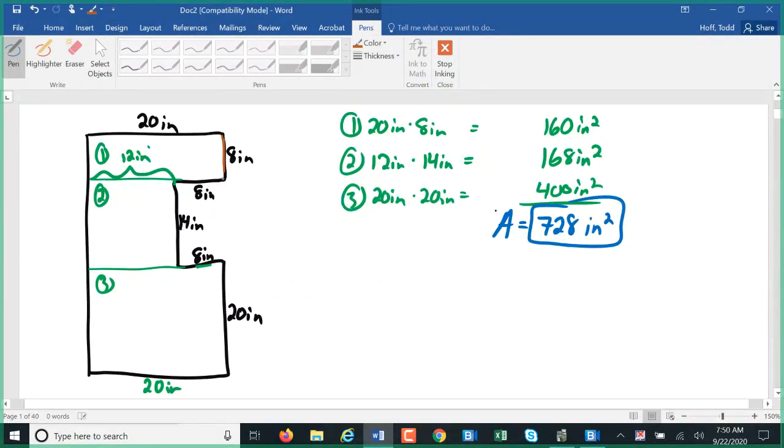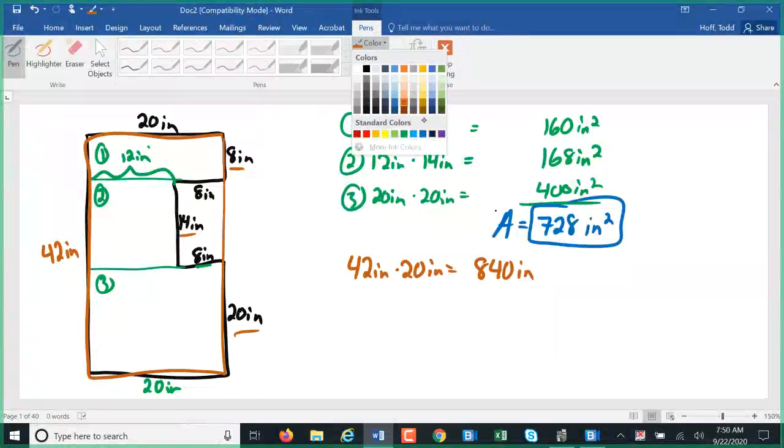If I do the whole big thing out here, I do have to add up the 8, the 14, and the 20. Get 42 inches is that long side there. But now I have that whole area is 42 inches times 20 inches, or 840 square inches.